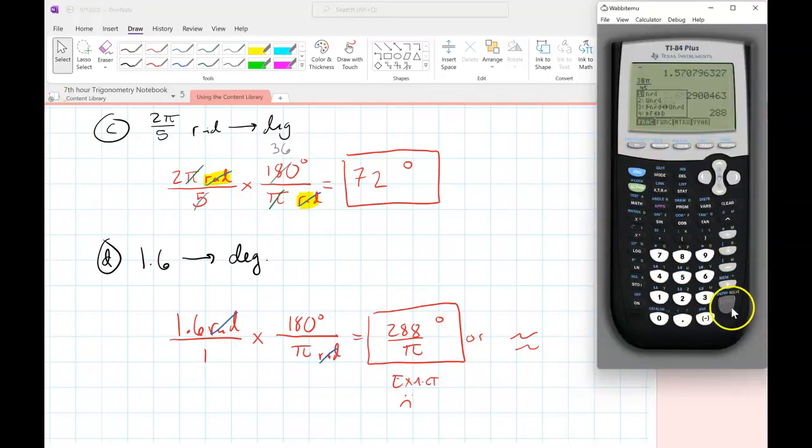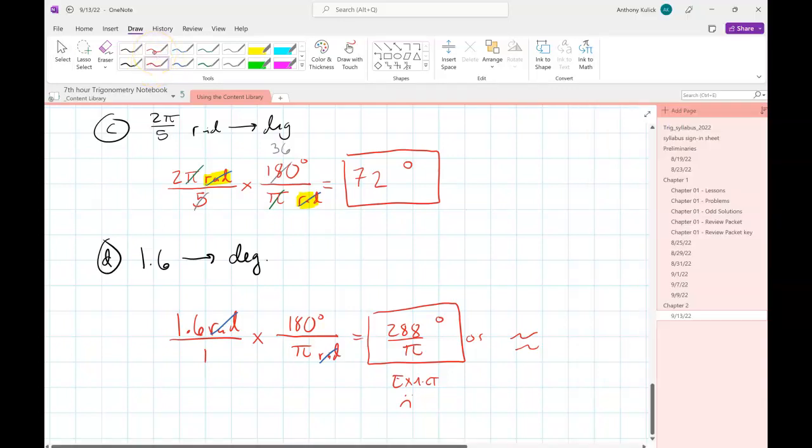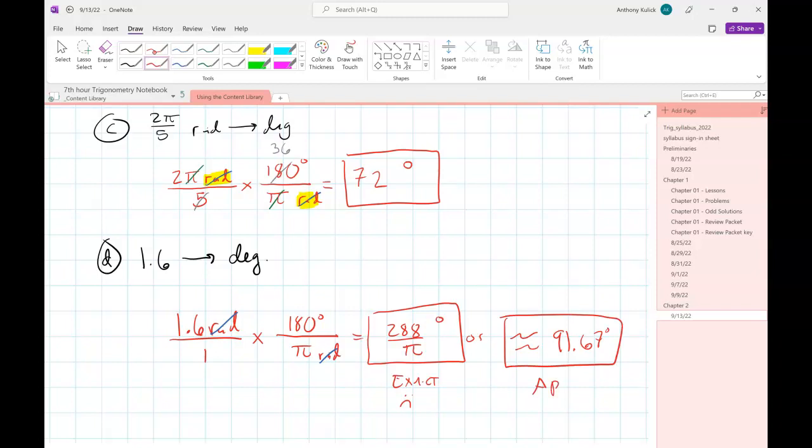So as a decimal, 288 over pi is about 91.67 degrees. So if you're representing something in degrees, almost always we're going to want the approximate value.